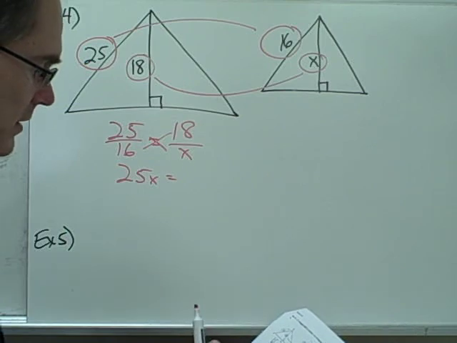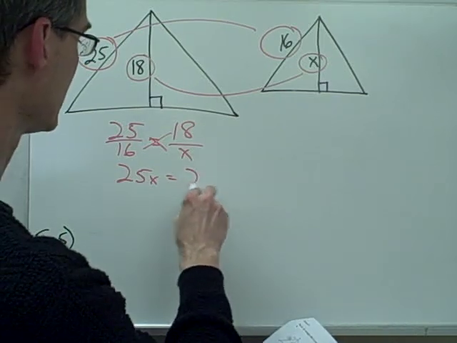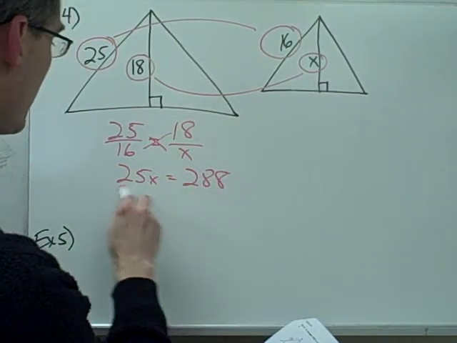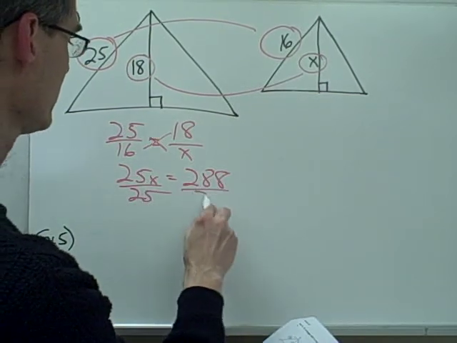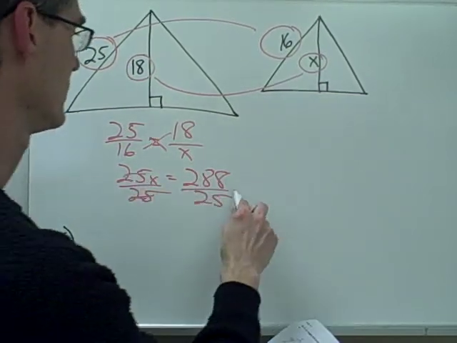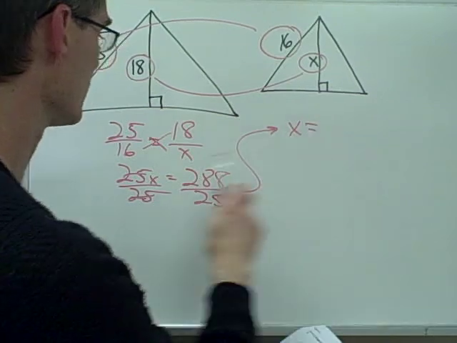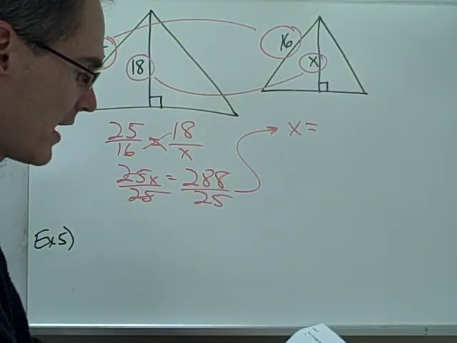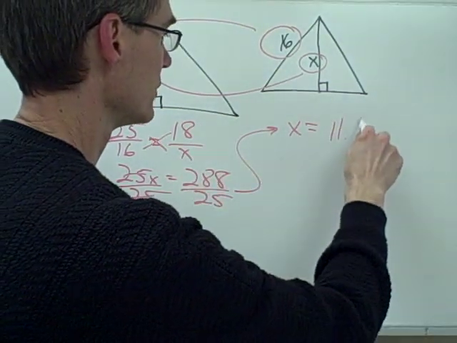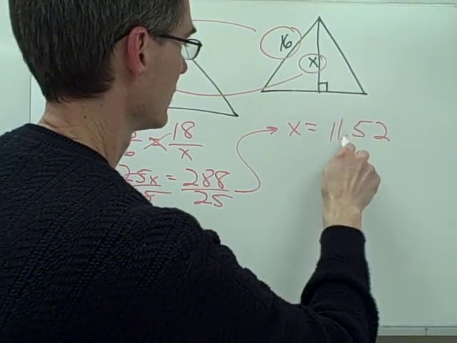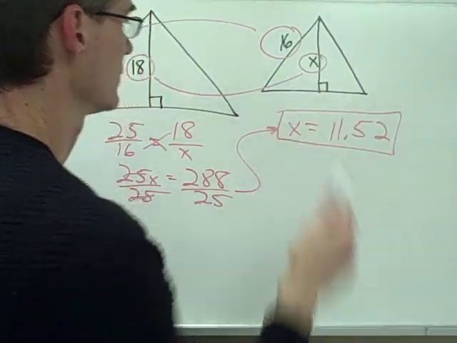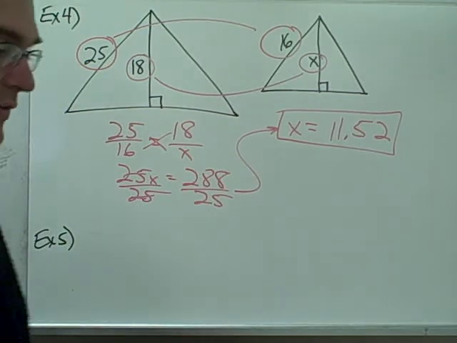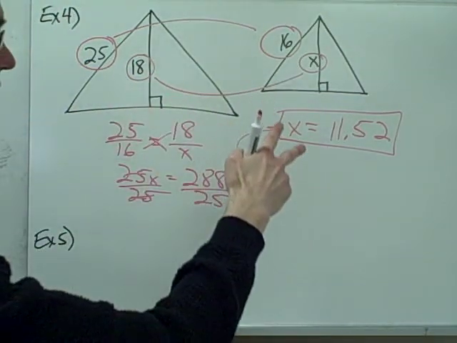What's 16 times 18? 288. Divide both sides by 25. And that gives me x equals 288 divided by 25, which comes out to 11.52.